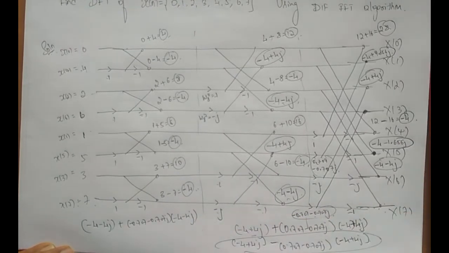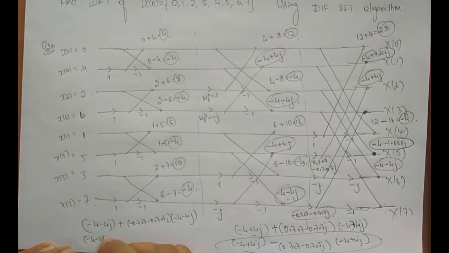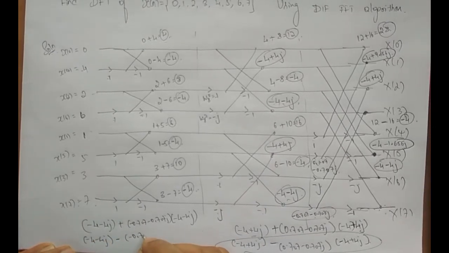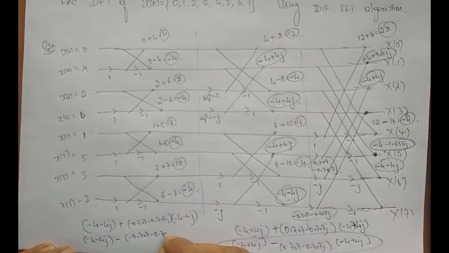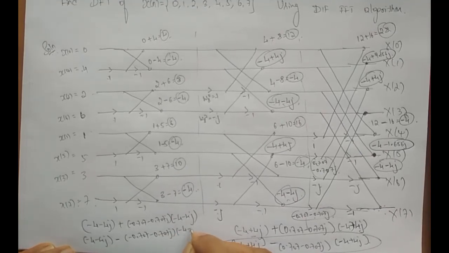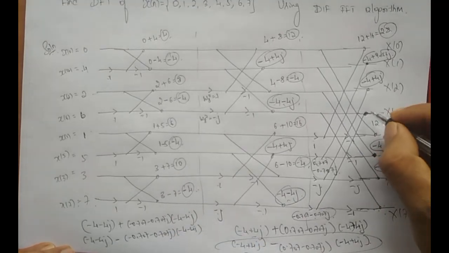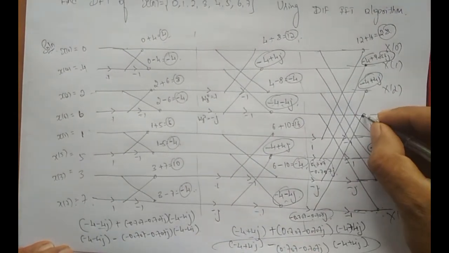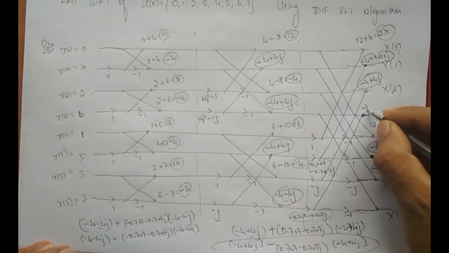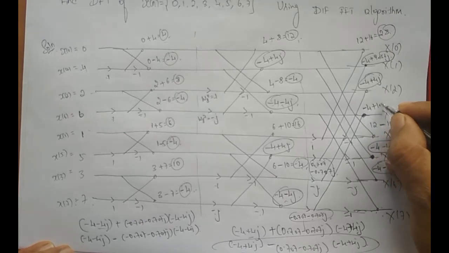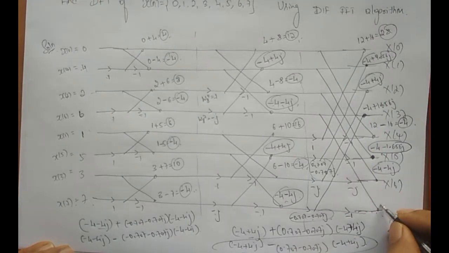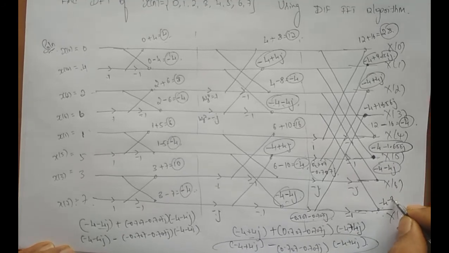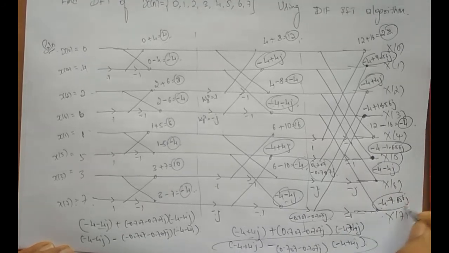Similarly at the other end, minus 4 minus 4j is subtracted with minus 0.707 minus 0.707j times minus 4 minus 4j. Fine. So if you put this in your calculator, I end up with minus 4 plus 1.656j, and the other is minus 4 minus 9.656j.